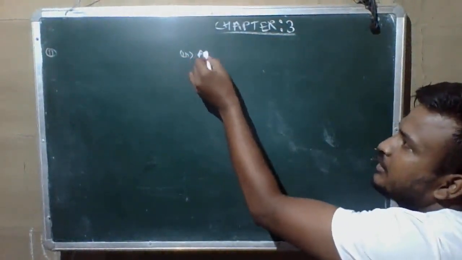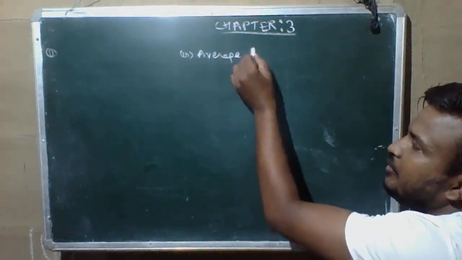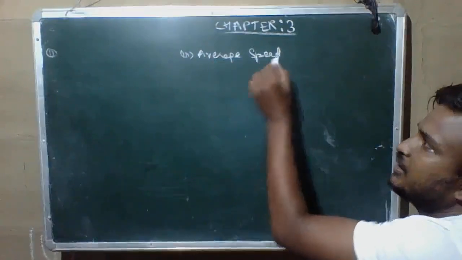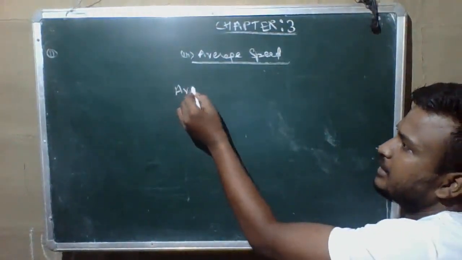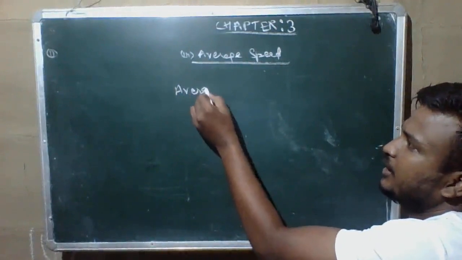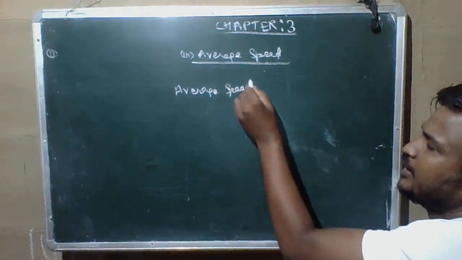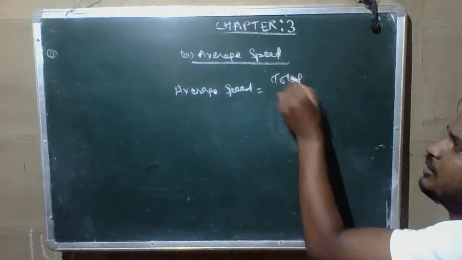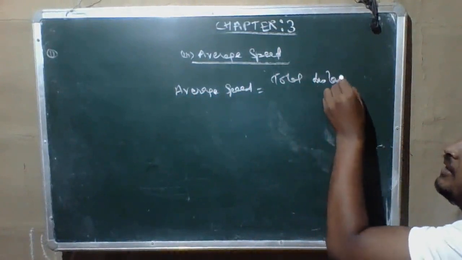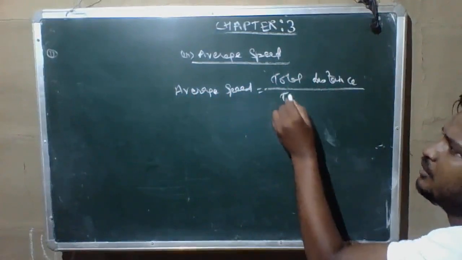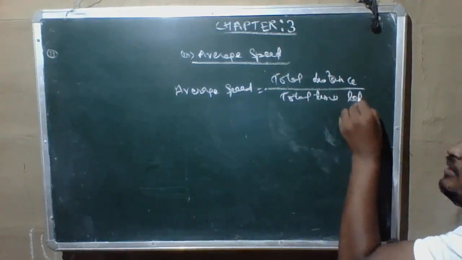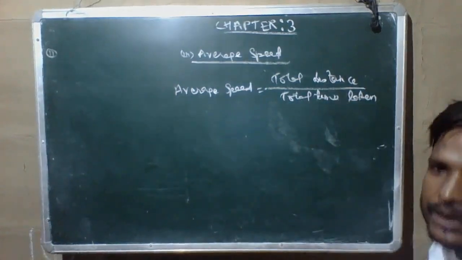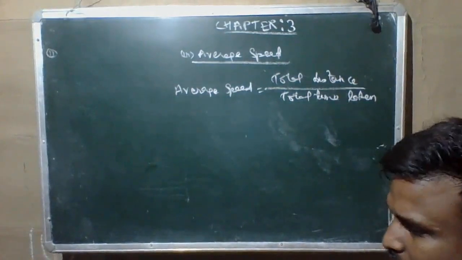The average speed formula is total distance by total time taken. Always remember this: average speed is total distance by total time taken.